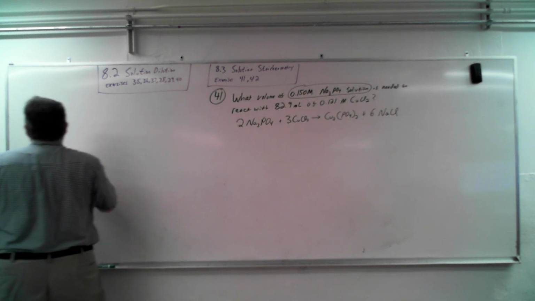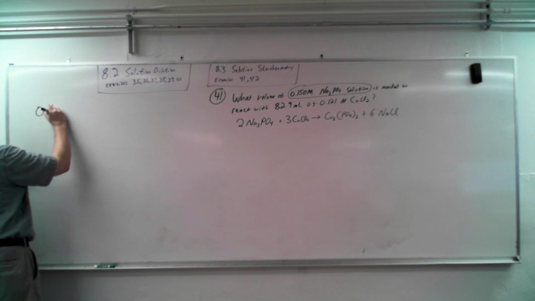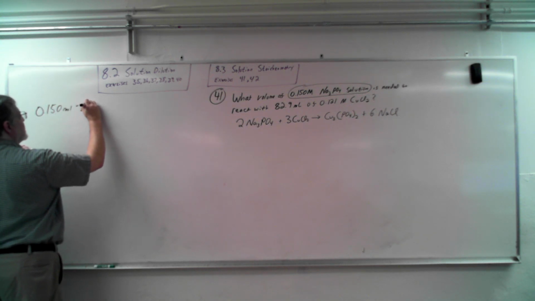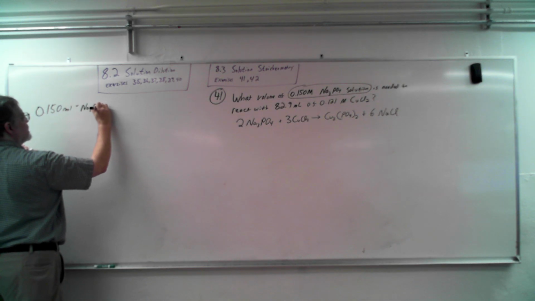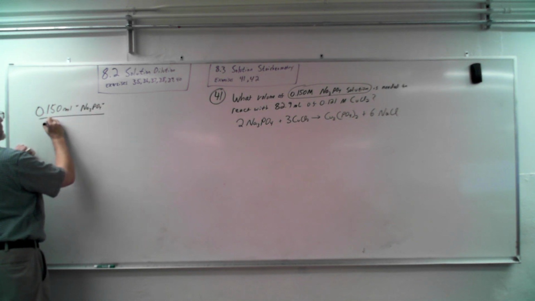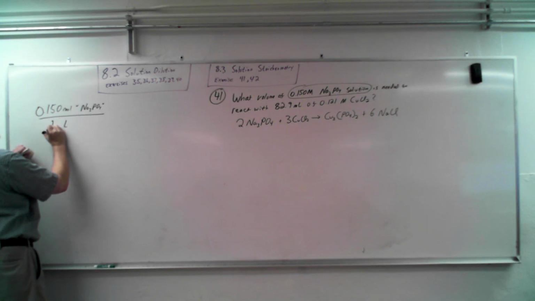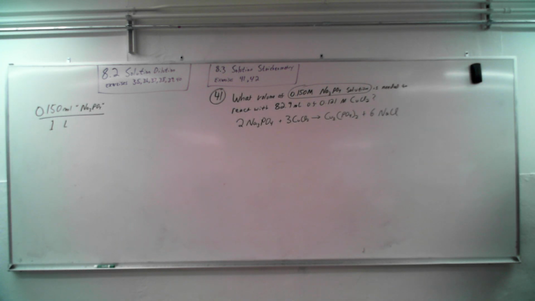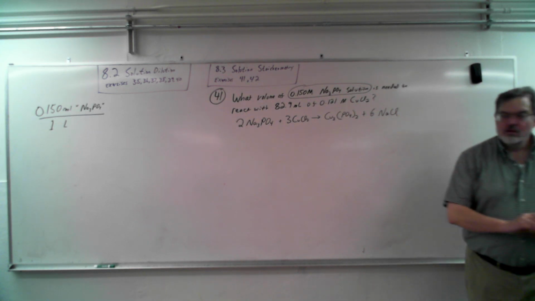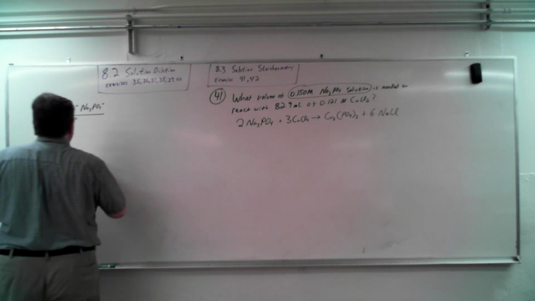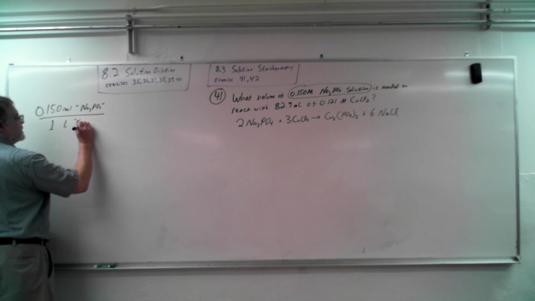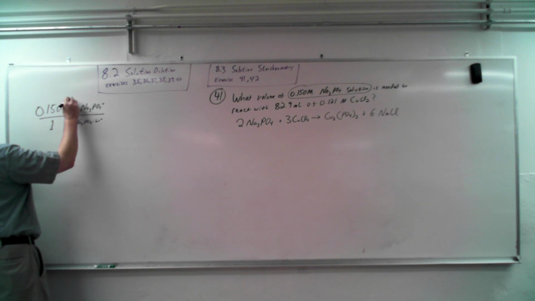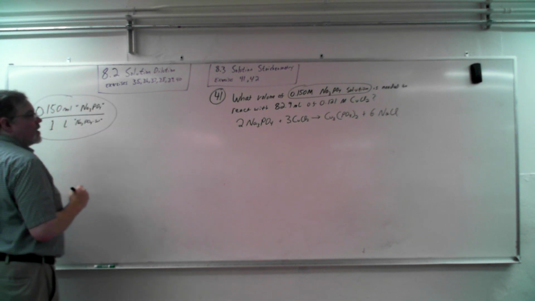That, go ahead and write as 0.150 moles of Na3PO4 to 1 liter of Na3PO4 solution. So there's one of the things we'll use.